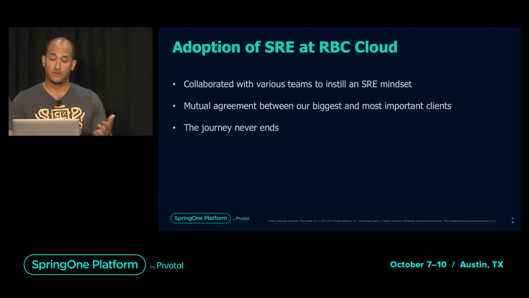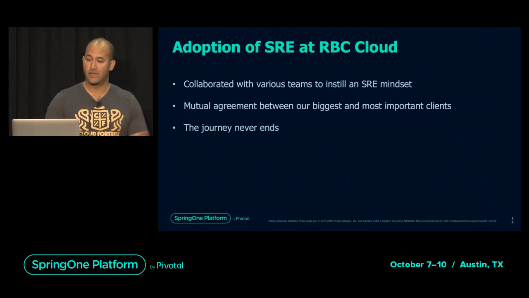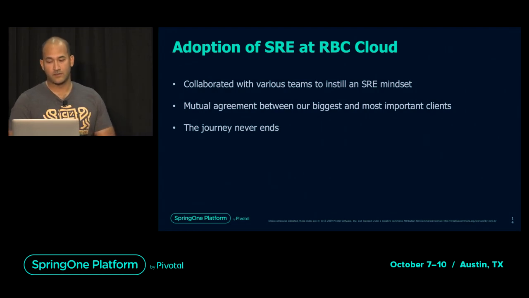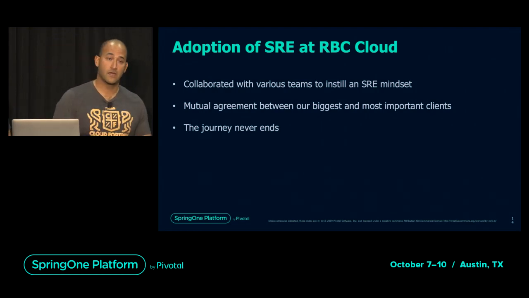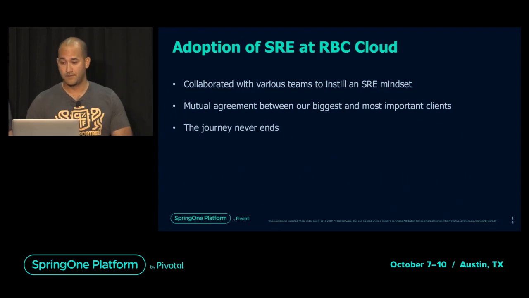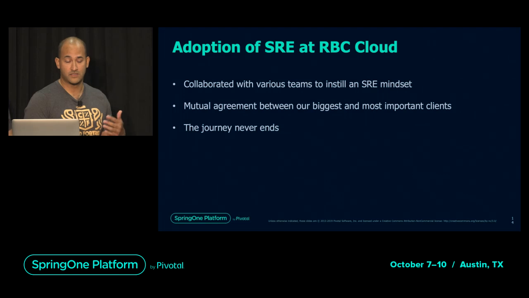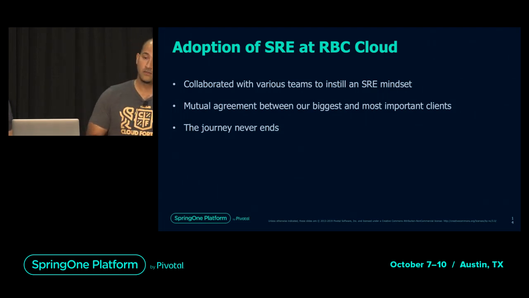This team happens to own that portion of the critical banking functions within the personal and commercial banking organization. We came to an agreement on service level objectives that were both acceptable to them and achievable by us. And again, this is an ongoing journey that we understand will never end. We just want to continue to iterate, tweak, and improve on it.